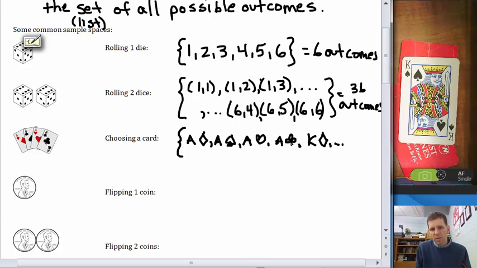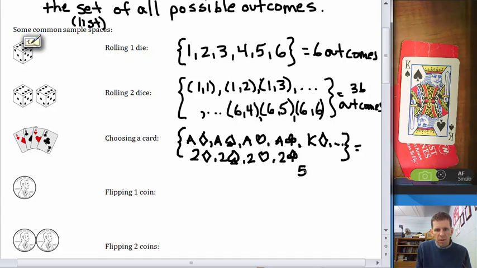King of Spades, King of Hearts, King of Clubs, Queens, Jacks, 10s, 9, 8, 7, 6, 5, 4, 3, all the way down to 2. So I might show that last set, the 2 of Diamonds, 2 of Spades, 2 of Hearts, and 2 of Clubs. And altogether there were 52 outcomes. This is usually from a standard deck. If you're including the jokers, you'd have more outcomes, obviously.